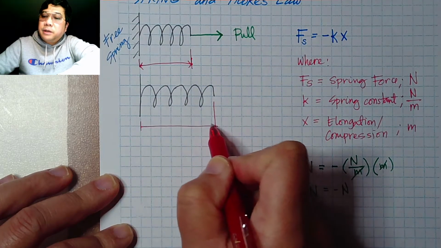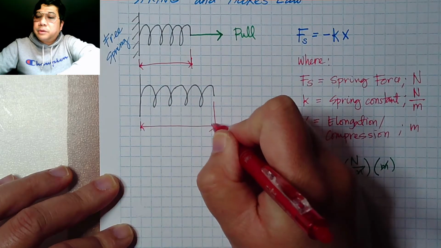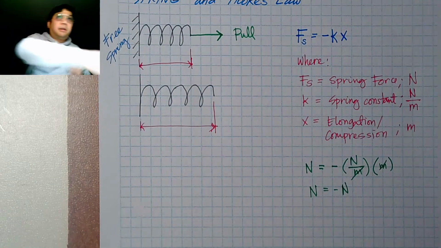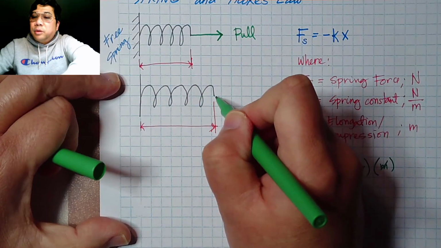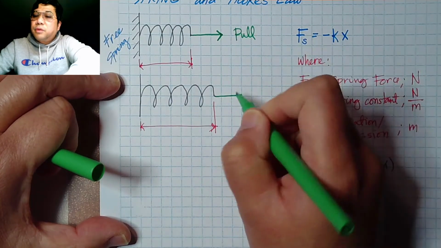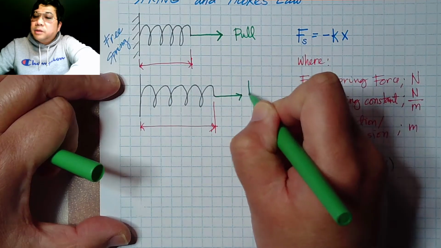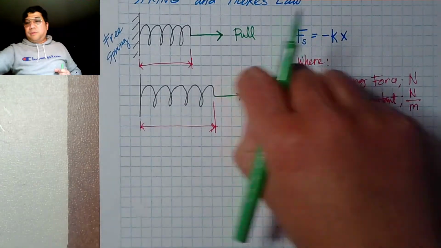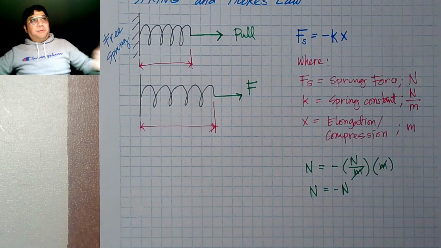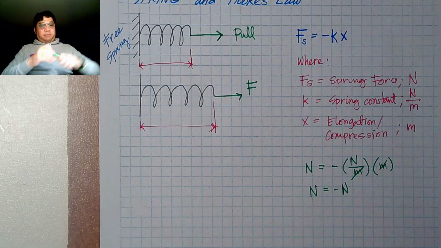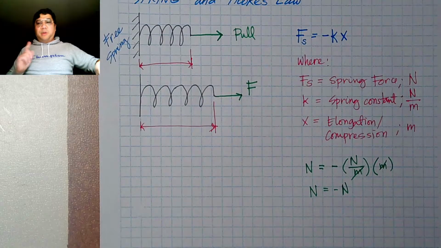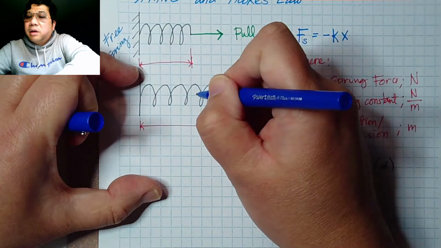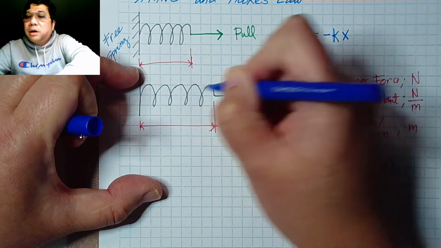So now our spring is longer compared to its original length. And in order for you to pull, you have to exert force. Every time you apply a force, the spring force is always opposite. The spring will always contradict your force, and it will be equivalent to the amount of force that you are pulling.